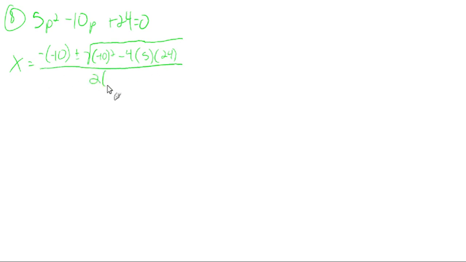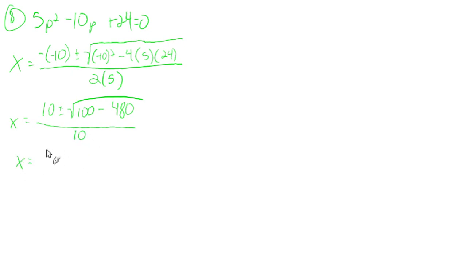That's all over 2 times 5. x equals a positive 10 plus or minus the square root of 100 minus, let's see, 20 times 24. That's 480. All over 10.